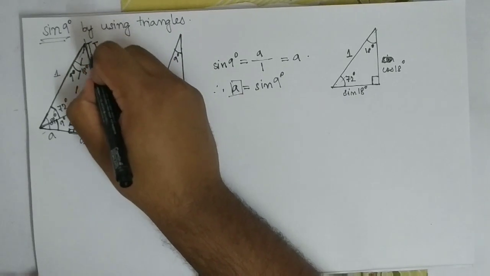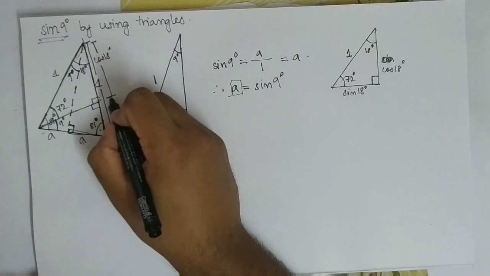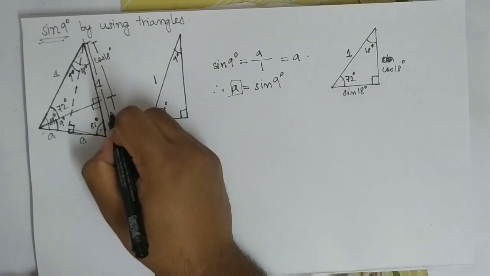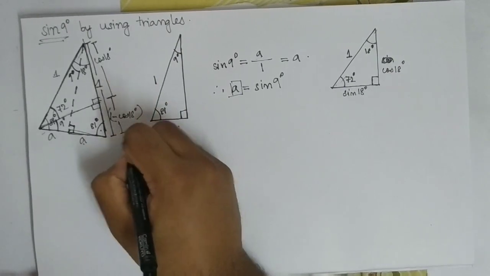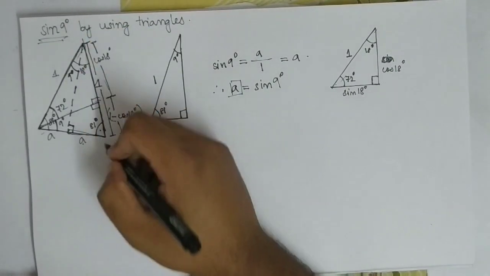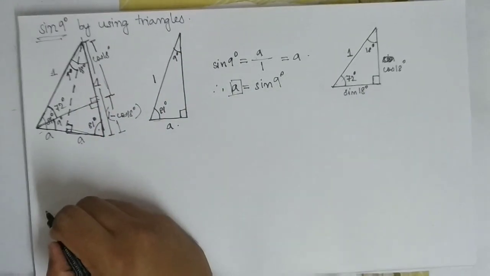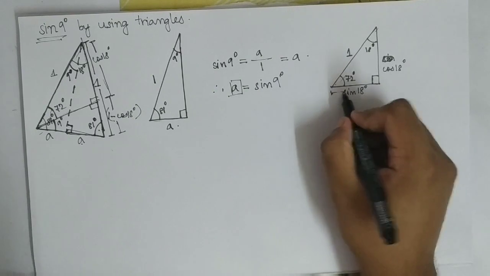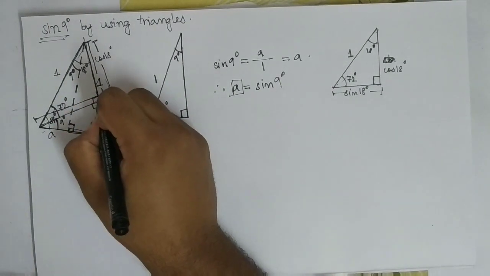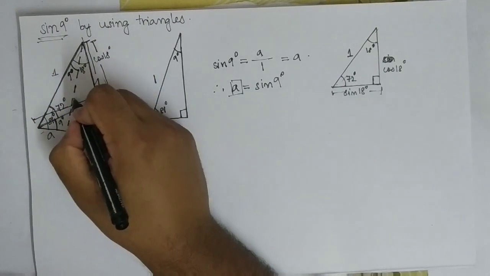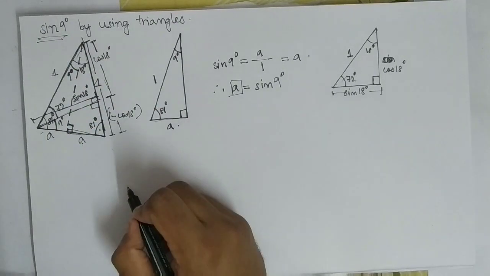And I know whole of this length is 1 unit. So this length is going to be 1 minus cos of 18 degrees, because the sum of these two lengths together forms 1 unit. So 1 minus cos of 18 degree plus cos of 18 degree will give you 1. And from the same diagram, I come to know that this length is sine of 18 degrees.